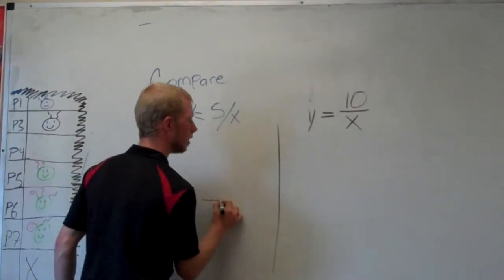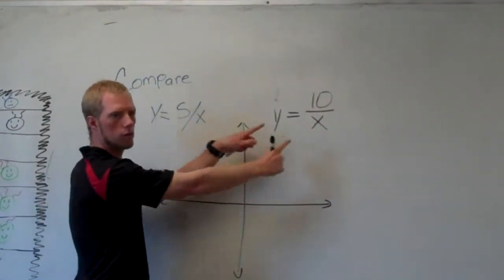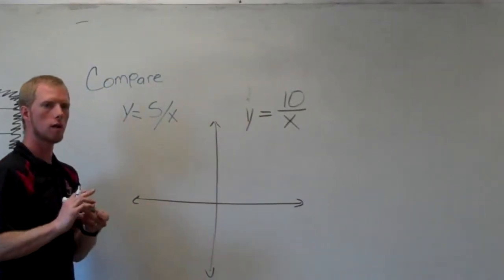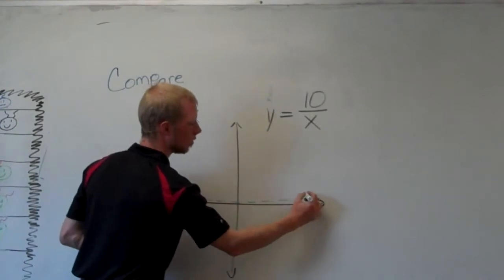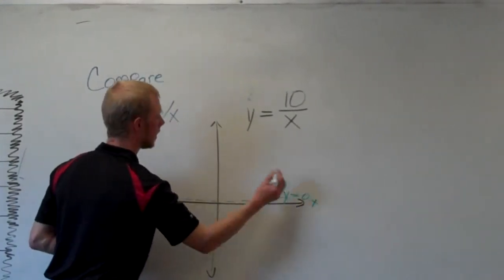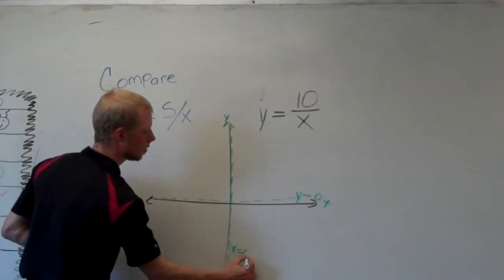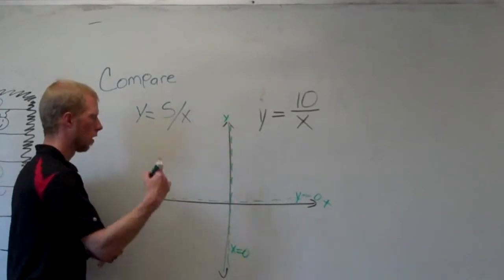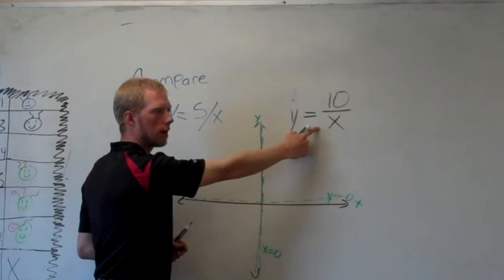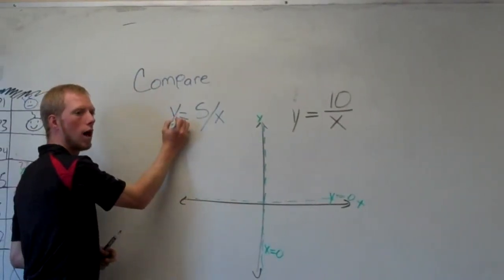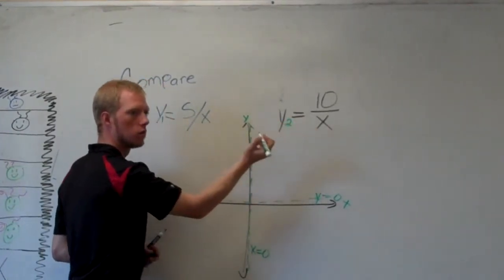If you have a coordinate plane, and there is no addition or subtraction in either of these, we automatically know that our asymptotes are y equals 0 on the x-axis, and x equals 0 here. So what I do is I plug both of these in my calculator. I put this in for y1, and I put this in for y2.